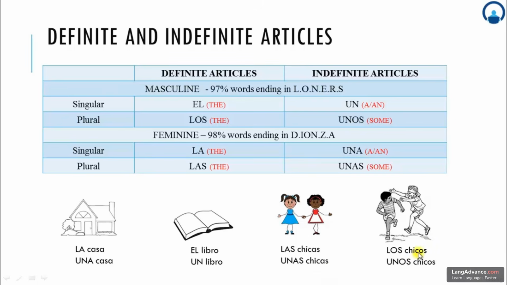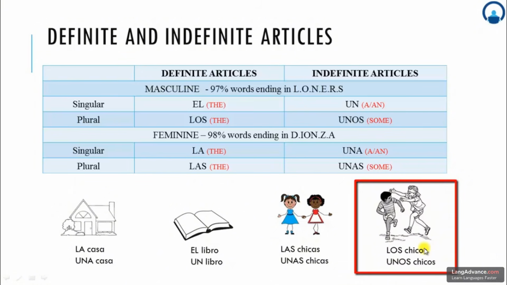Similarly with this word, it is plural, so we'll remove the s of that ending and see what comes in the ending now. We have got o in the ending and o is satisfying the condition of being a masculine word, and that's how we'll treat this as a masculine word and plural in form.